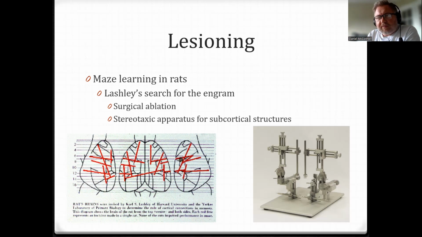But when it comes to trying to really hit the midbrain, these deeper subcortical structures, areas below the cortex, it required the invention of a new technology, and that's called a stereotaxic apparatus. This is what we see on the bottom right here. This is a device in which you take the rat and you place the rat's head in a vise. And this sounds awful, right?